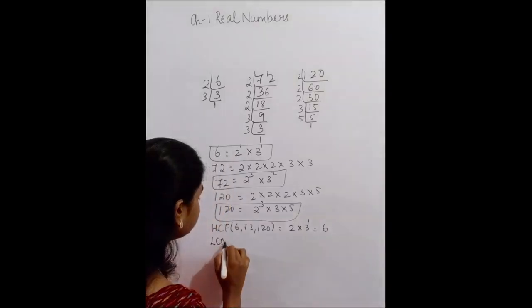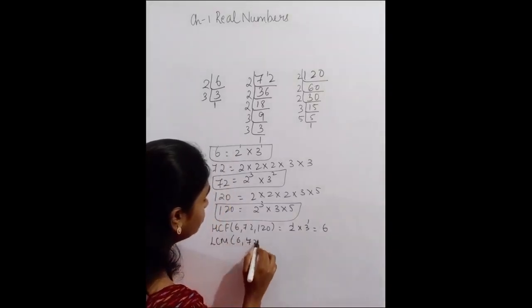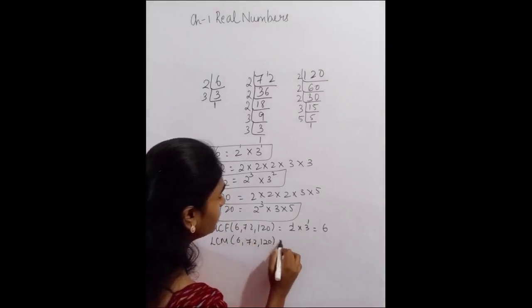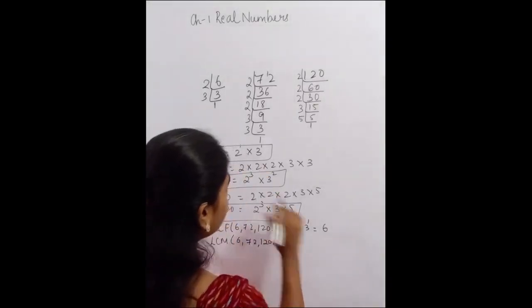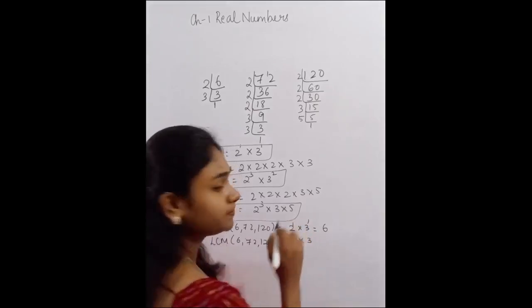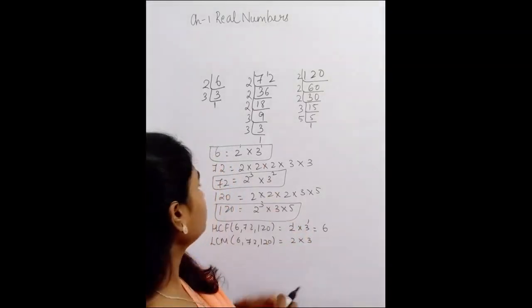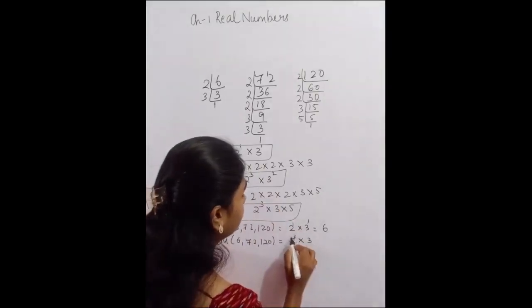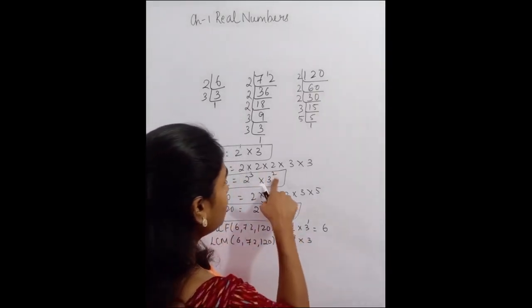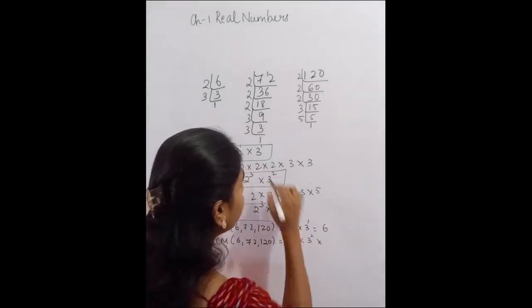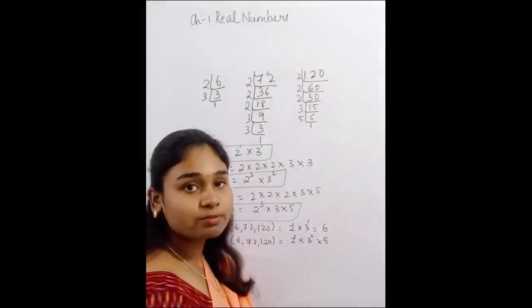Then LCM of 6, 72, 120 will be equal to, again 2 and 3 are common. The highest power of 2 is cube, the highest power of 3 is square, and 5 is left out. 5 is anyway power 1.